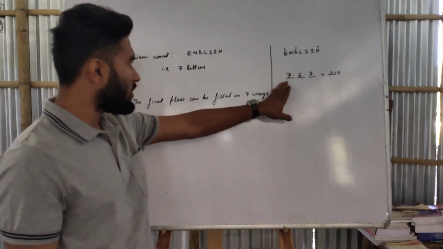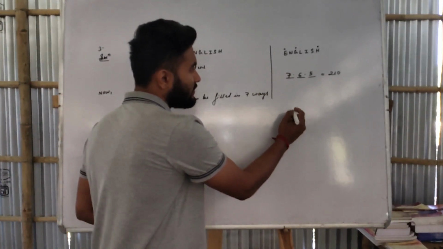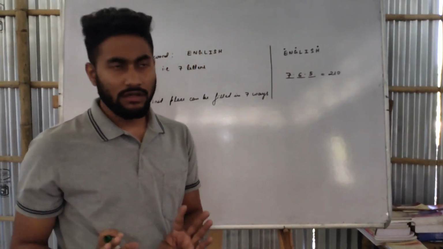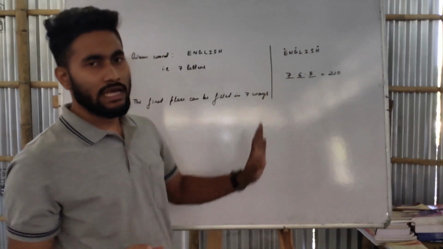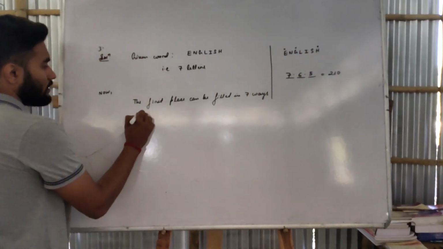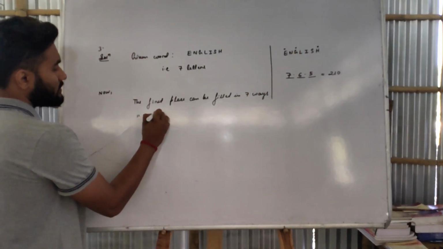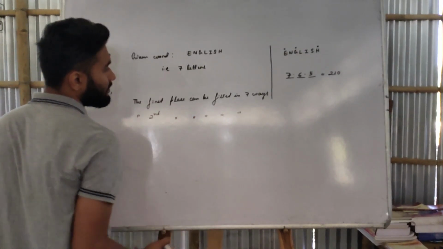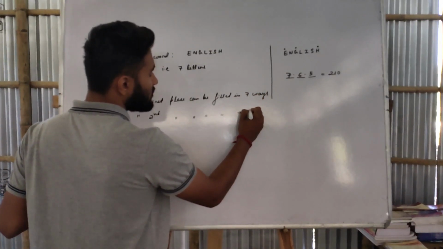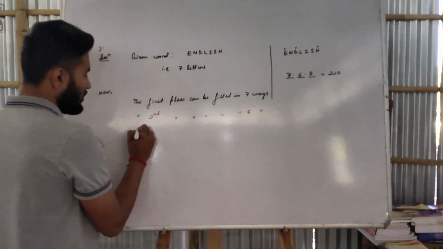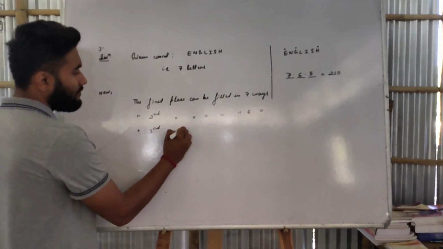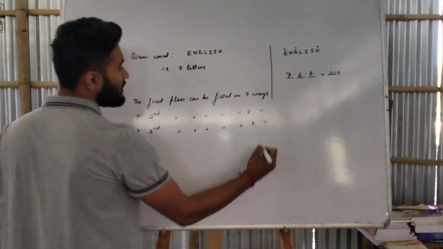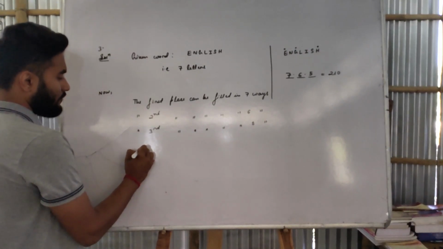Means to fill the first place of the word, you have 7 ways: either E or N, G, L, I, S, H. So 7 ways. The second place can be filled in how many ways? Obviously one you have already taken, so 6 ways. The third place can be filled in how many ways? 5 ways.